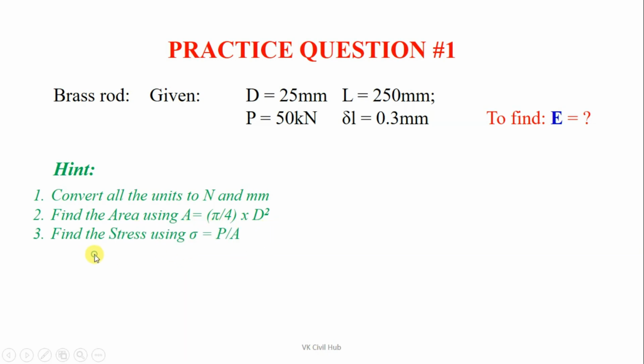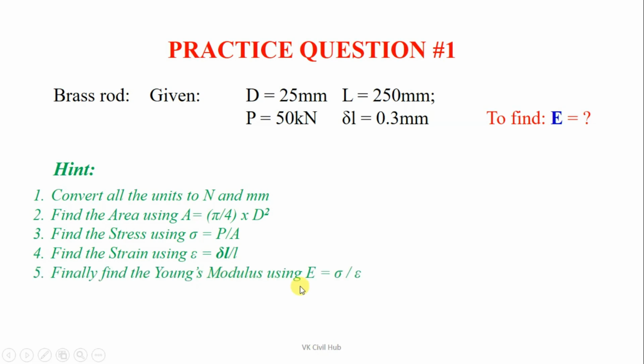Third, find the stress using sigma is equal to P by A. Find the strain using e is equal to delta L by L. Finally, find the Young's modulus using the formula capital E is equal to sigma by e, that is stress by strain. And the answer you are getting is 84,883.33 Newton per mm square.